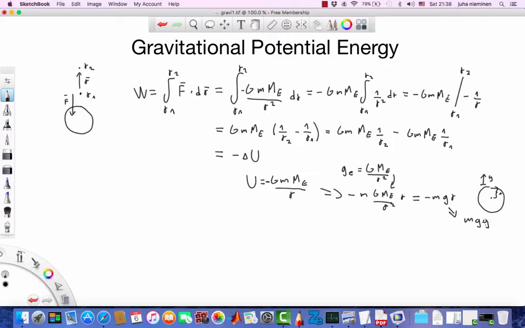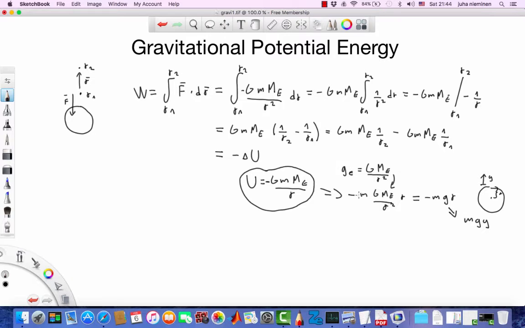This makes calculation simple when we are on the surface of the Earth, but when we are somewhere usually further away from celestial objects, it turns out that it's in fact simpler to use this one.